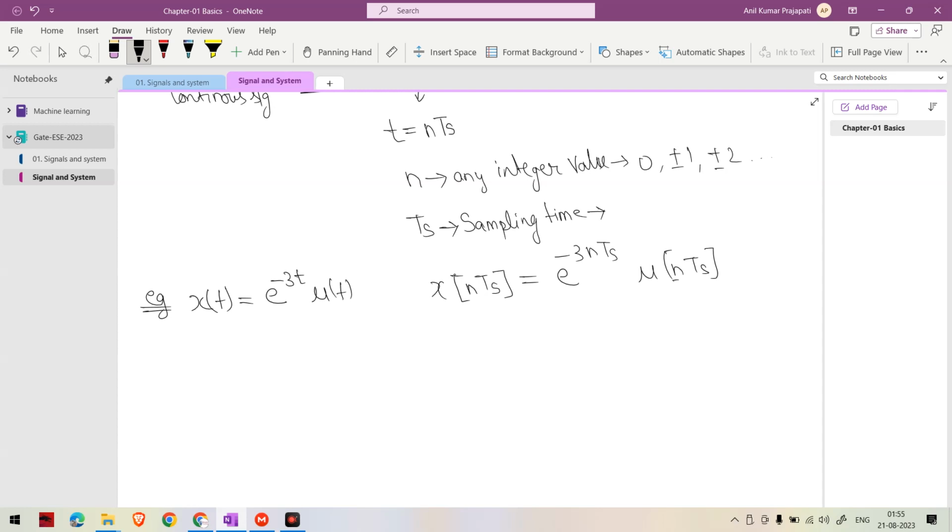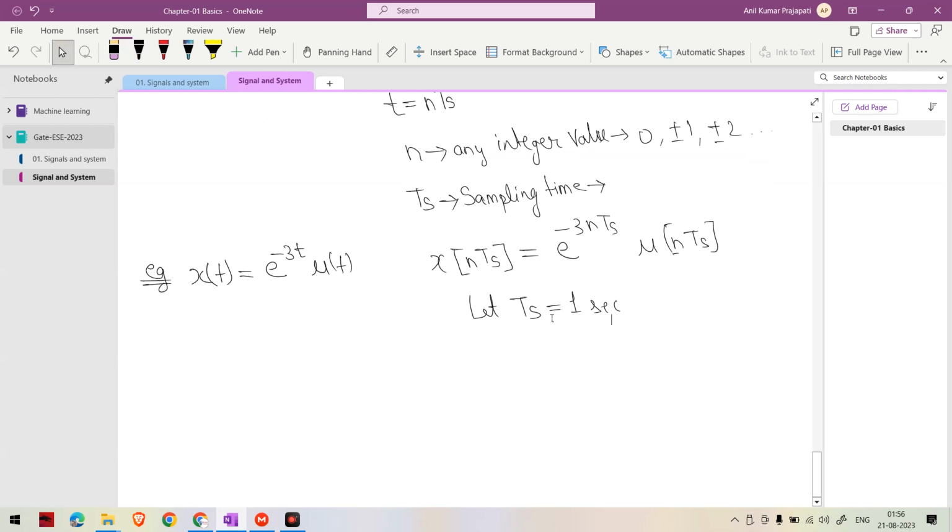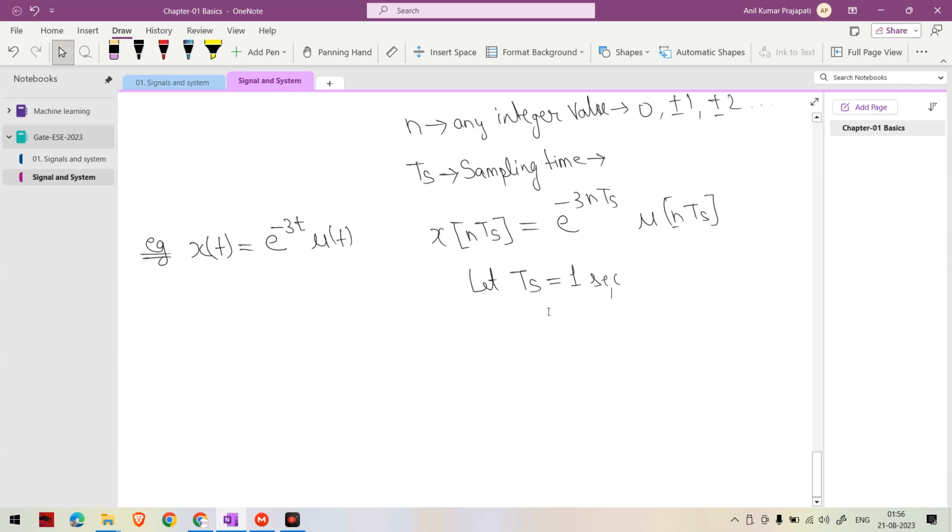So for simplicity, let's assume Ts is equal to 1 second. So you want sampling time 1 second, which is defined by using the sampling theorem basically. So you are not taking this Ts as random, it is like a sampling theorem you will use. But for simplicity in the signals and systems topic, we will assume this.